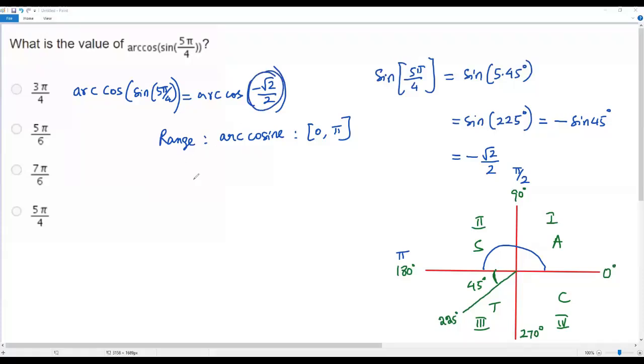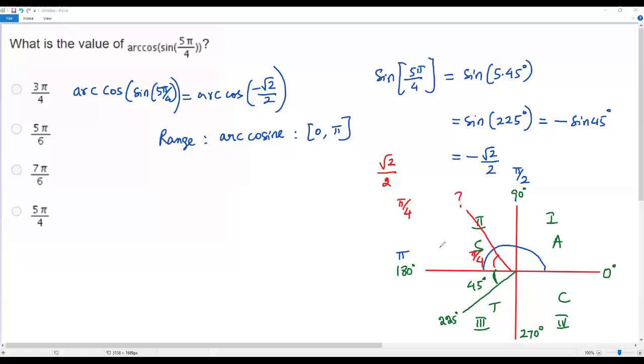So we assume this value is positive, square root of 2 over 2. For what angle in the first quadrant is the value of cosine square root of 2 over 2? That is 45 degrees, or pi over 4. So this pi over 4 should be taken as the reference angle.